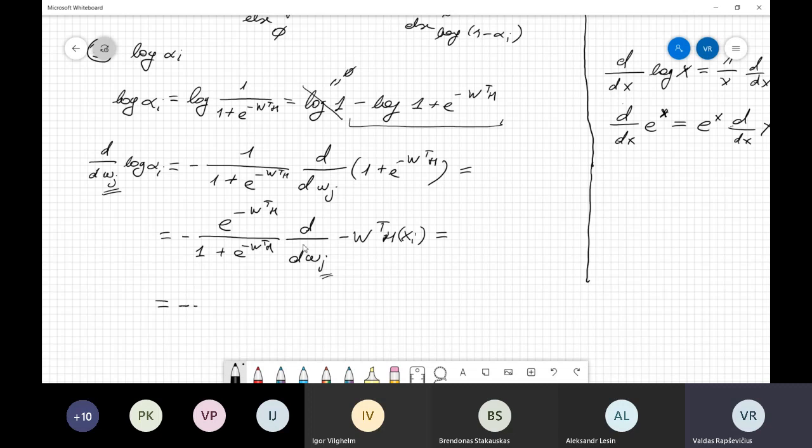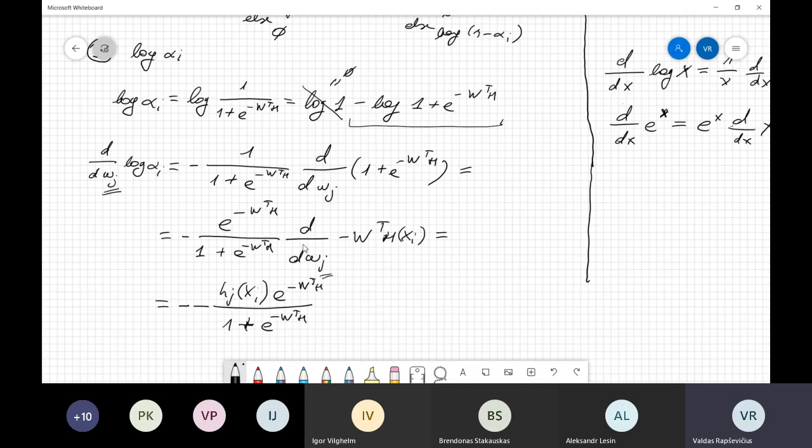So we have minus, minus, then the jth feature, and now e to the minus W transpose h over 1 plus e to the minus W transpose h.